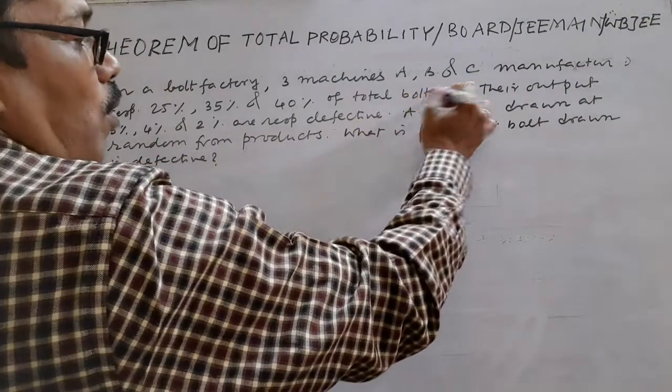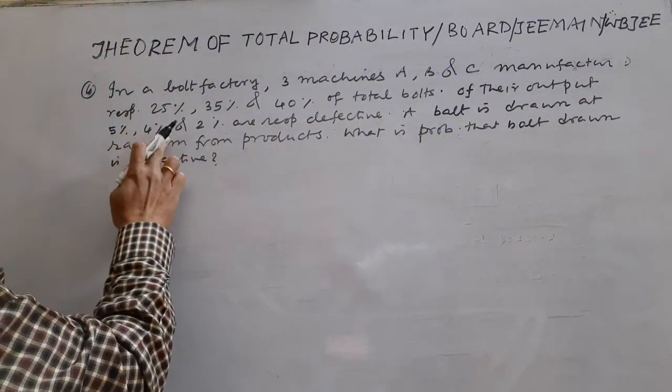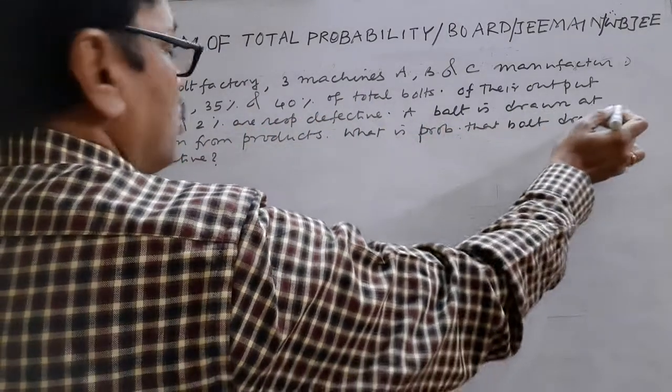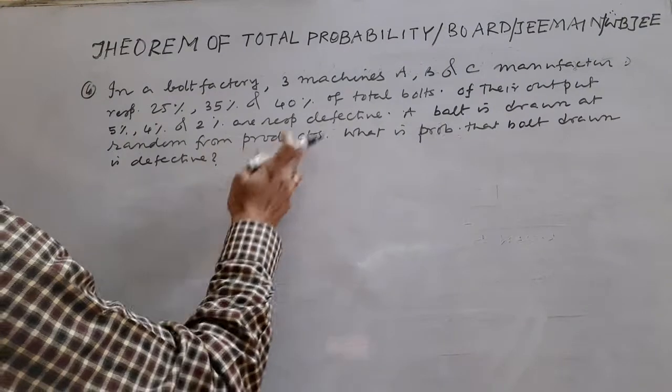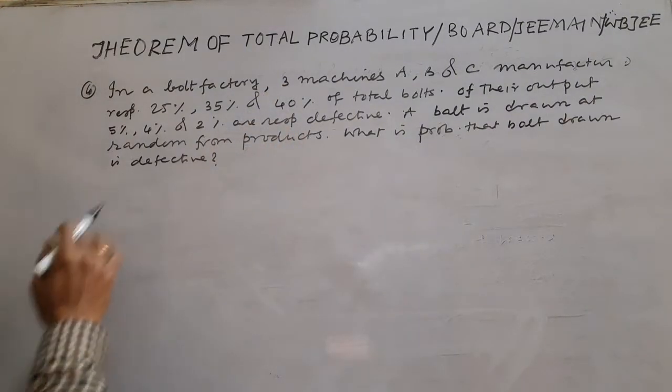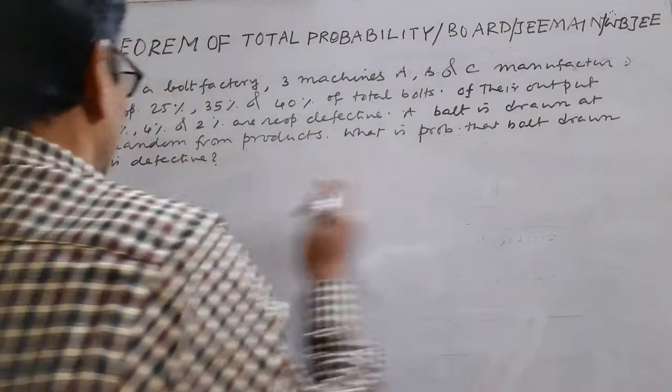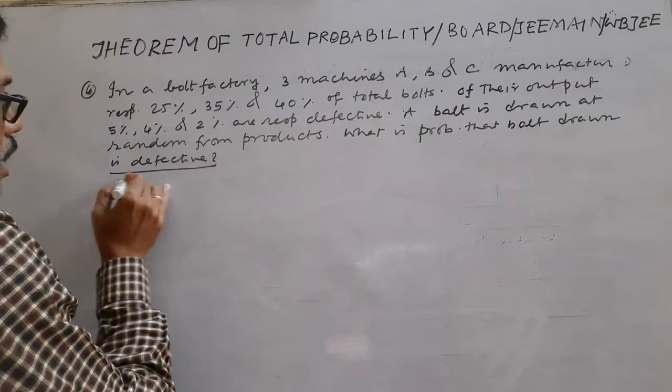Of their output, 5%, 4% and 2% are respectively defective. A bolt is drawn at random from the product. What is the probability that the bolt drawn is defective?